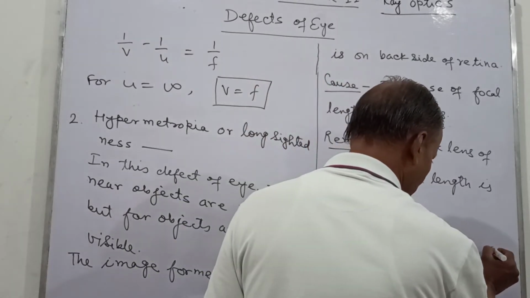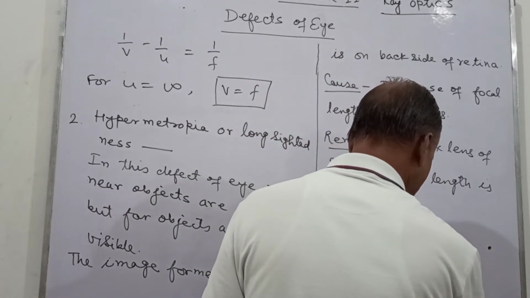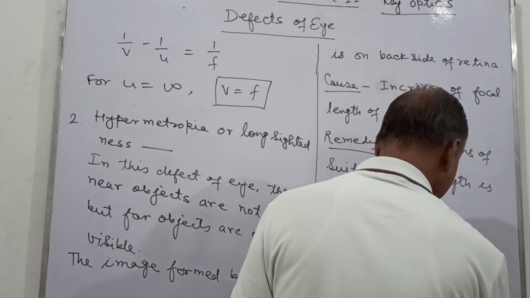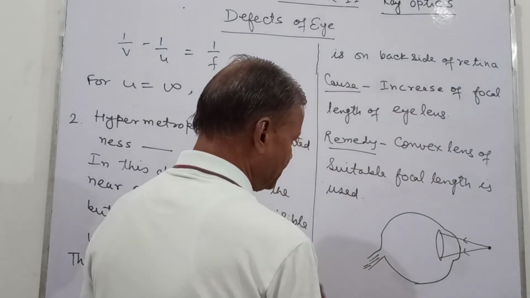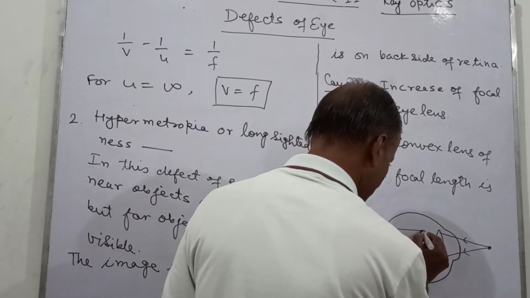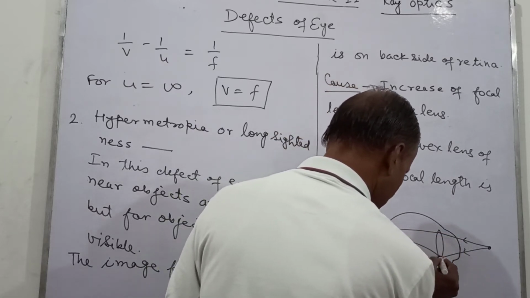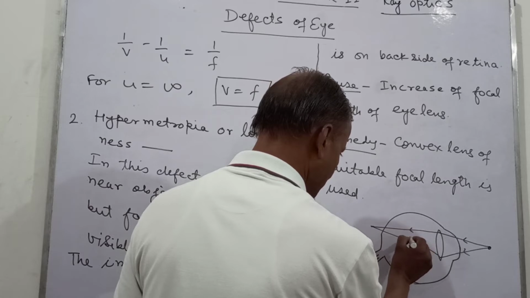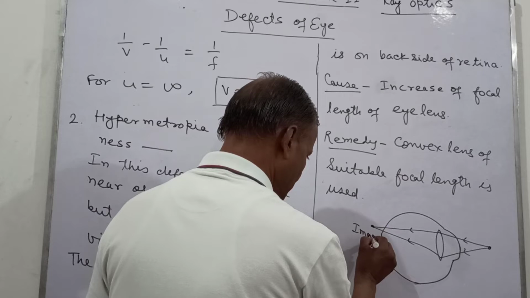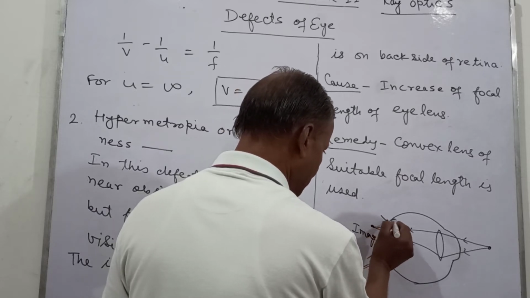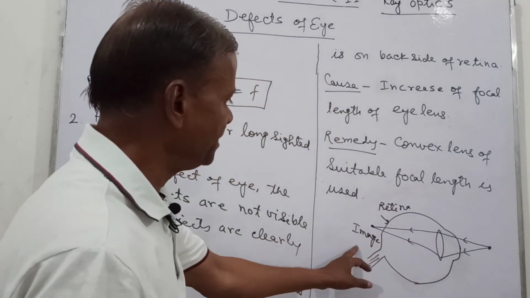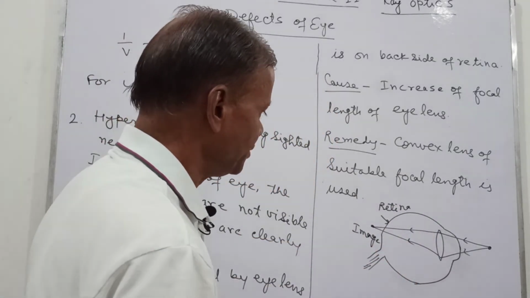So now this is a near object and the light rays coming from this one are like this, and these light rays condense at this point. Here they make the image. ये इसका यहाँ पर रेटिना है, रेटिना. तो रेटिना के ठीक पीछे की तरफ ये इमेज बनती है.